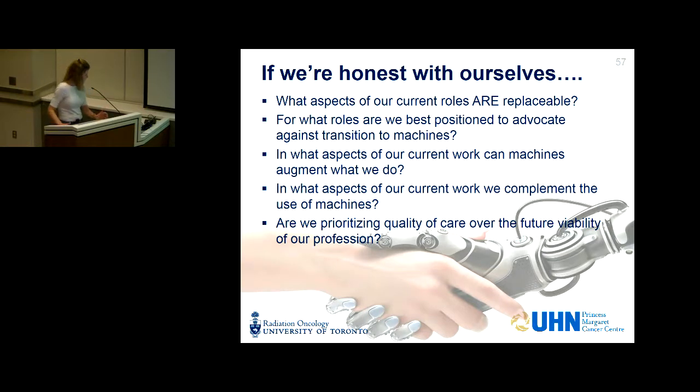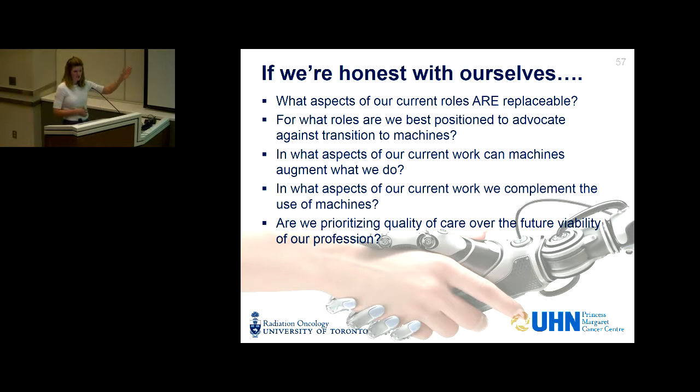What aspects of our current roles are replaceable? Not just because they're tasks that we want to offload because we don't like doing them, like scheduling considerations, but what really does make more sense for a machine to be doing rather than us. Where are we best positioned as frontline therapists, educators, researchers, managers to advocate against transitioning to a machine?